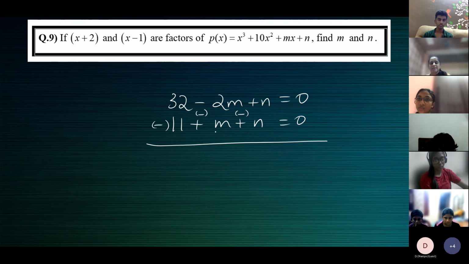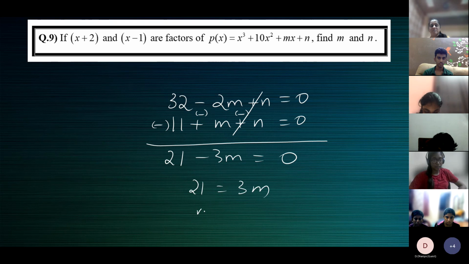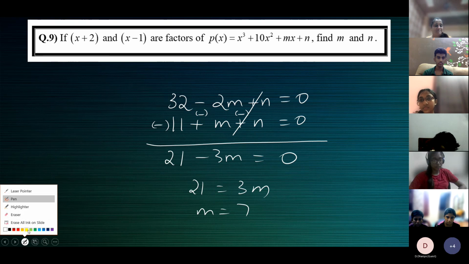You cancel this? Yes, ma'am, I cancelled m. Then you get 21 minus 3m is equal to 0. So on solving this, you get 21 is equal to 3m, or m is equal to 7. Okay, very good.